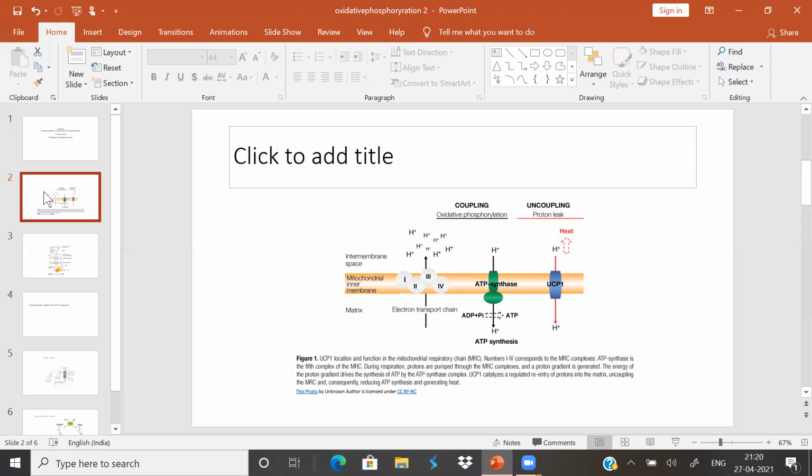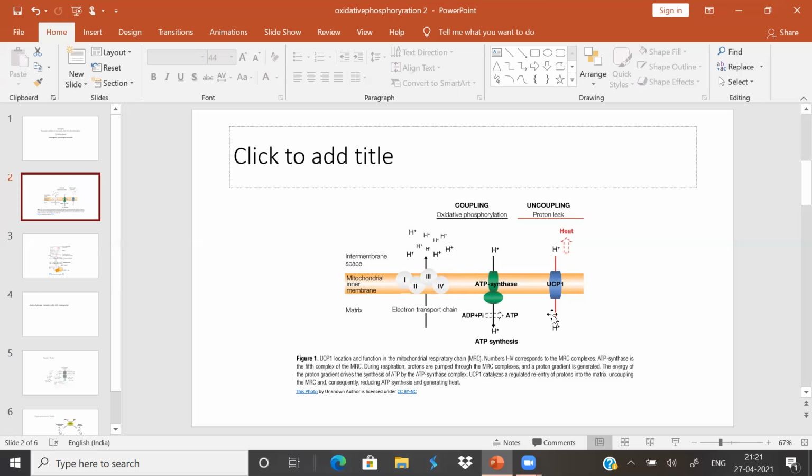But the uncoupler breaks the proton gradient, allowing the proton to flow from the intermembranous space into the mitochondrial matrix. So the proton gradient is broken and ATP synthesis is also stopped.